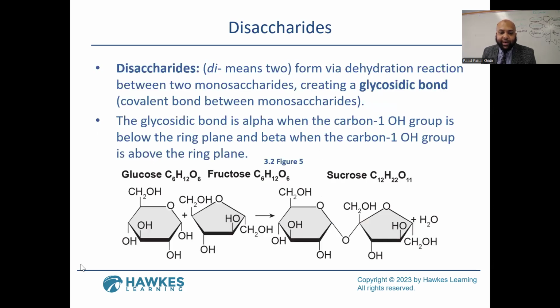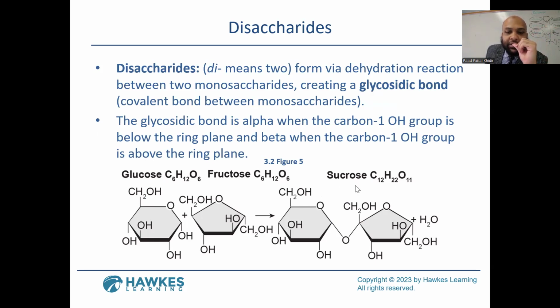And these are my disaccharides. Remember my disaccharides? Di means two. They form via dehydration. So I remove water to link them together. We talked about that. Glucose and fructose come together to give me sucrose.